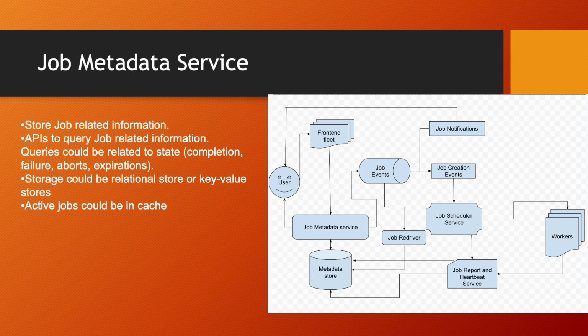The storage here could be a relational store or key value store. Both could work. Some of the key attributes of that storage system would be it should be low latency. So for example, DynamoDB fits the bill here. And then we can also have a cache on top of the storage, where we could cache the active jobs.